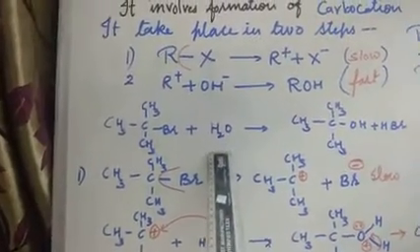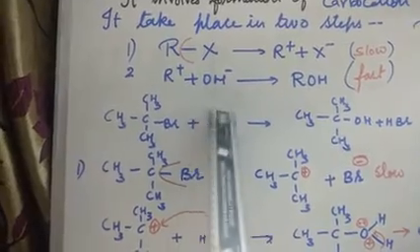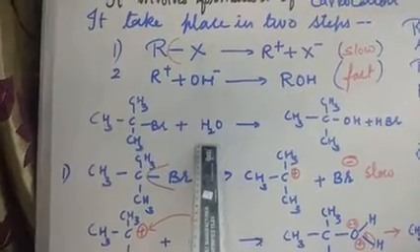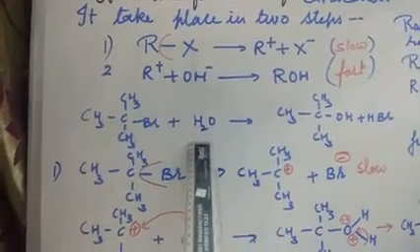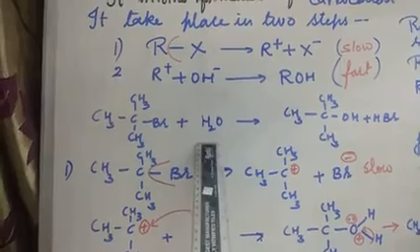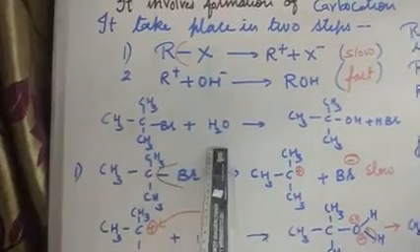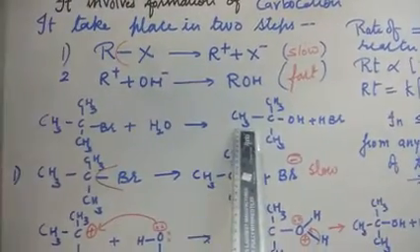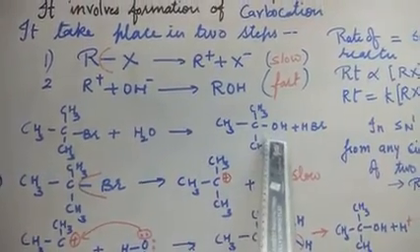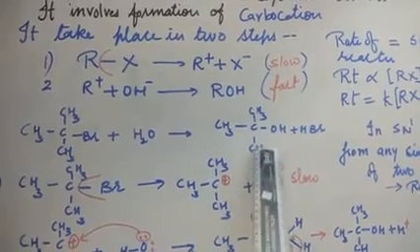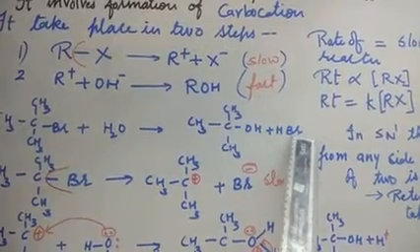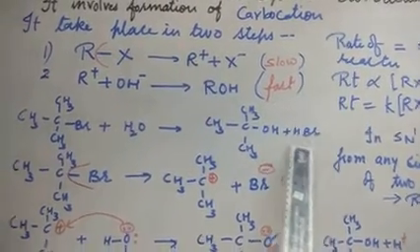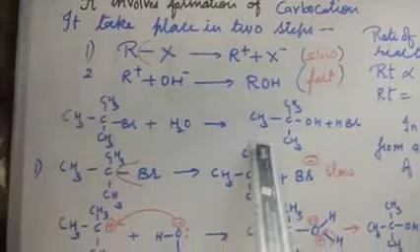I told you, students, that any species which is having lone pair of electron over it acts like nucleophile. Okay, electron rich species. So here if these two are reacting together, we are getting this alcohol, tertiary alcohol, and HBr. Okay, students.